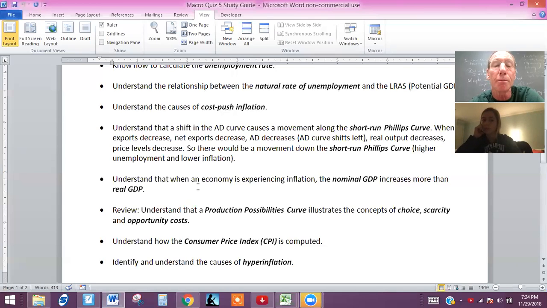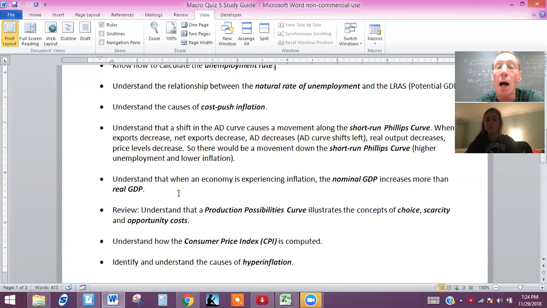And the real GDP is based on measuring the output at a standardized price. So the price levels are the same from year to year when we're measuring real GDP. We're just looking at whether the actual output goes up or down.